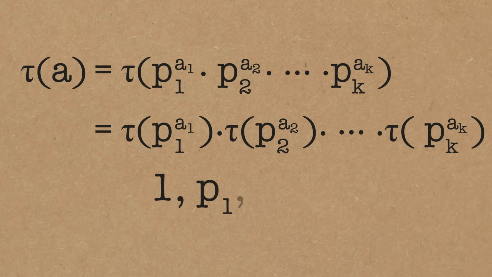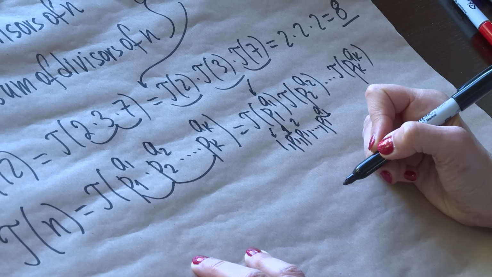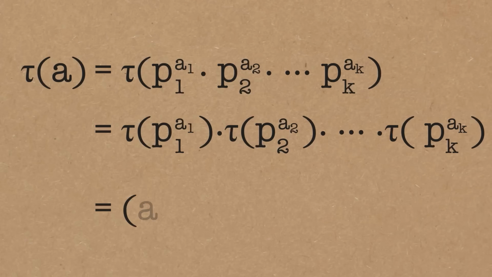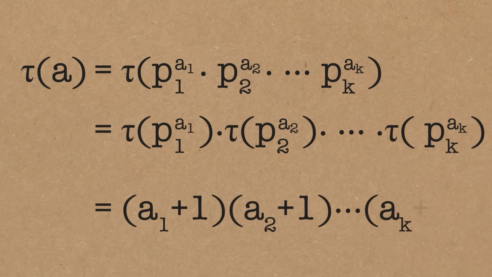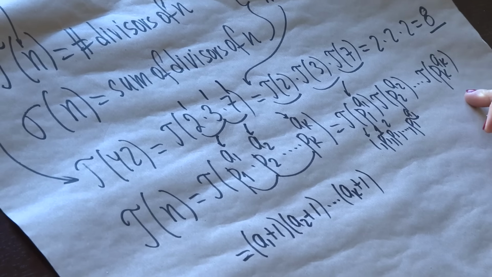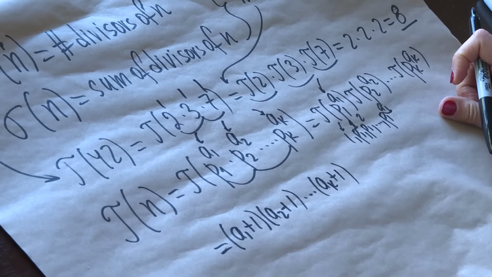You start from 1 and build up to the full prime power. How many is that? Don't be fooled. It's not a1, it's a1 plus 1, not to forget the 1. So the whole practical formula is simply add 1 to all of those exponents and multiply. In fact, that's exactly what we did to 42 because the exponents were 1s. We just added 1 to them, we got 2, 2, 2, and that's your 8.